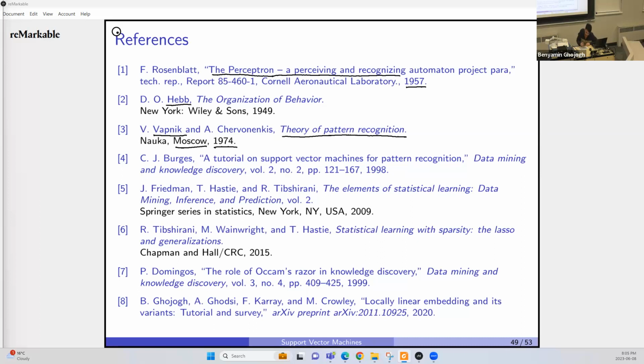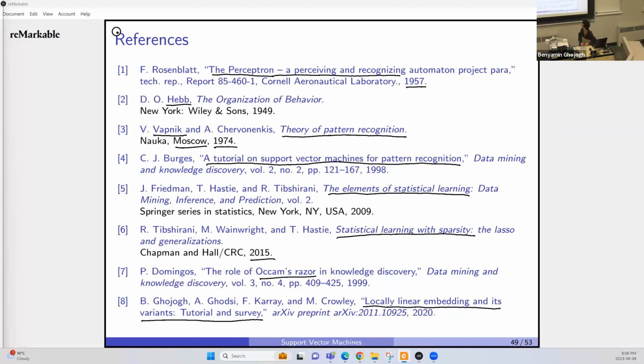Then Burges, a tutorial on support vector machines for pattern recognition. This is a good one. You can take a look at that. This, The Elements of Statistical Learning, the famous book in statistical machine learning by Hastie, Tibshirani, and Friedman at Stanford. Also Statistical Learning with Sparsity for sparse machine learning by Tibshirani, Hastie et al. in 2015. This one is Occam's razor in machine learning and knowledge discovery. This one is locally linear embedding, a tutorial on LLE, our tutorial.